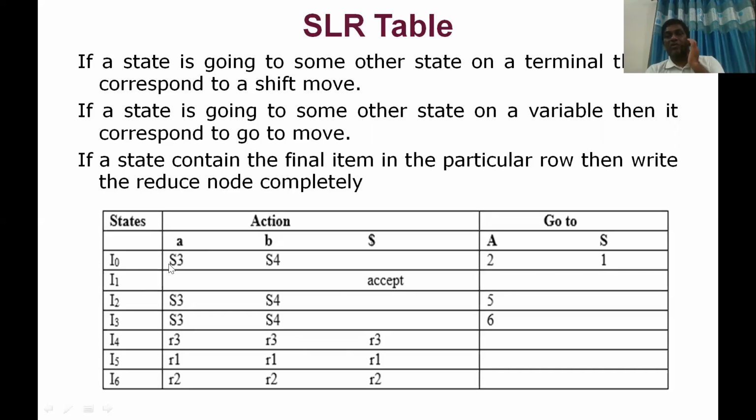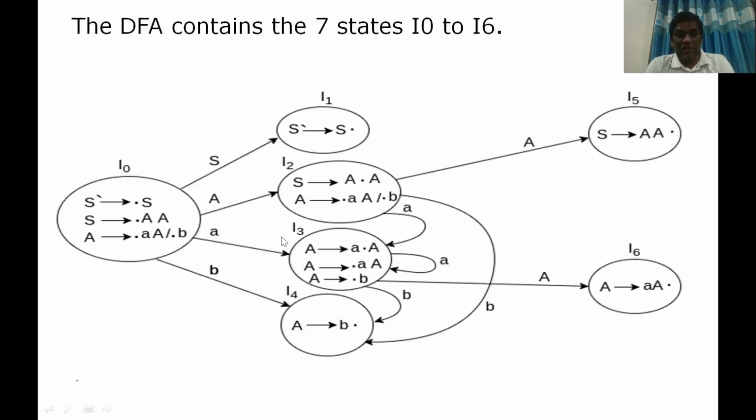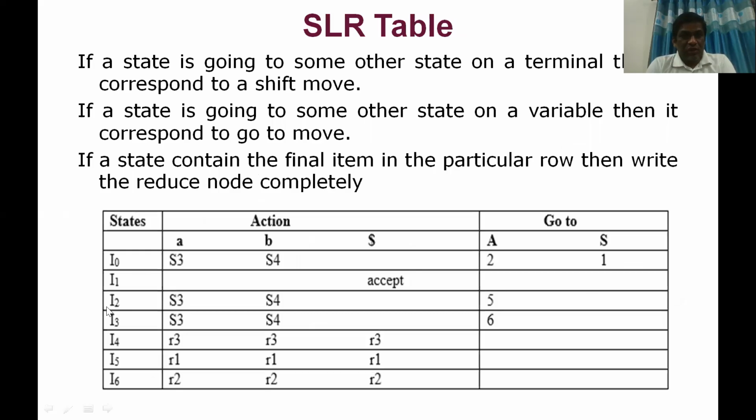That is how we fill all the shift operations. What are the other terminals over here? From I2, look at the terminals on the arrows. From I2 on small a, it is going to I3. That means I2 on a is shift 3.